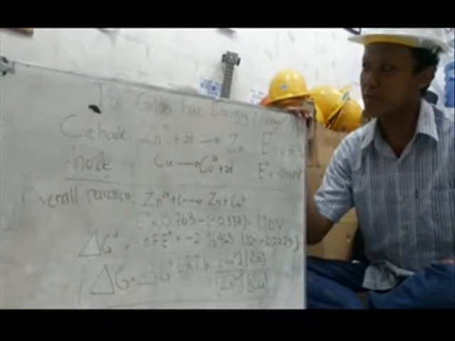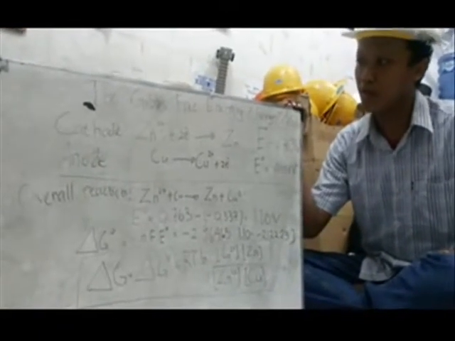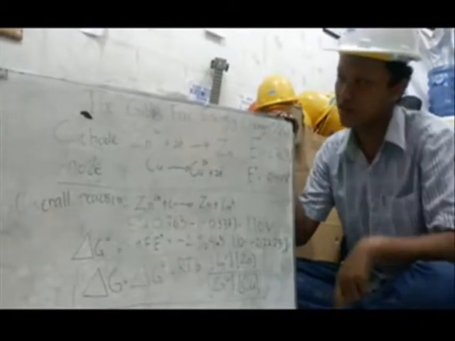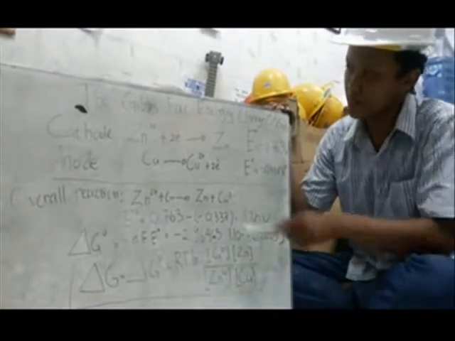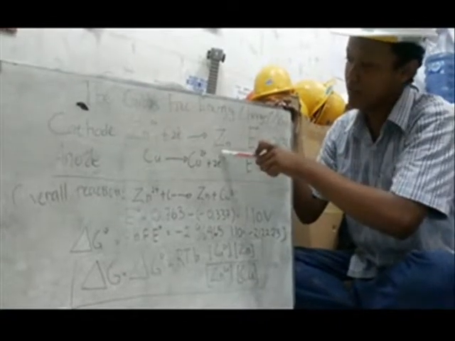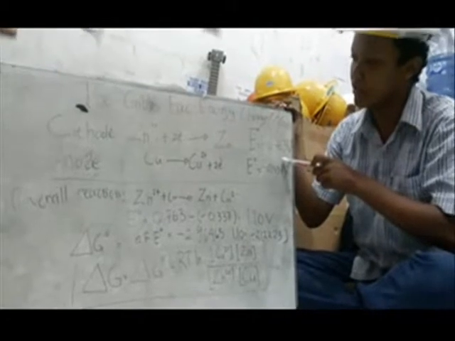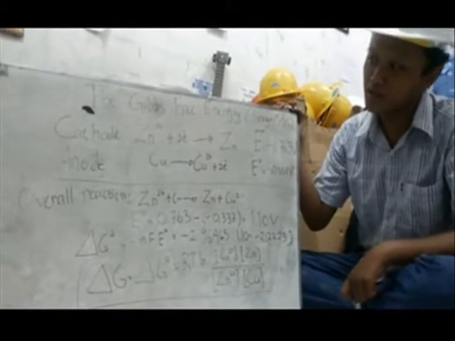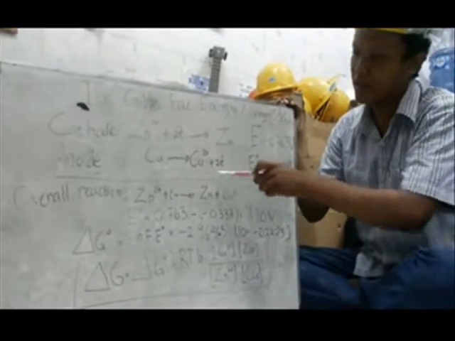Okay, now in this section we are calculating the Gibbs free energy change, or delta G, in this case for the Daniell cell. As you can see, at the cathode there is a reduction reaction, and this is the cell potential in the standard state of zinc, and at the anode there is an oxidation reaction of copper.